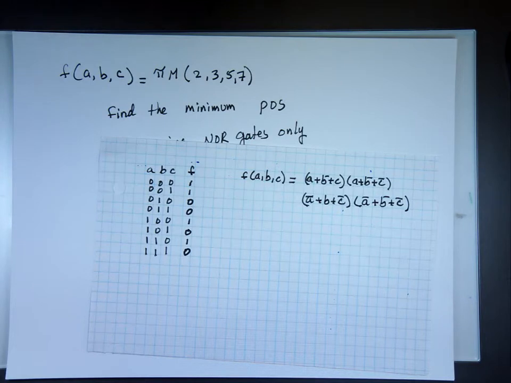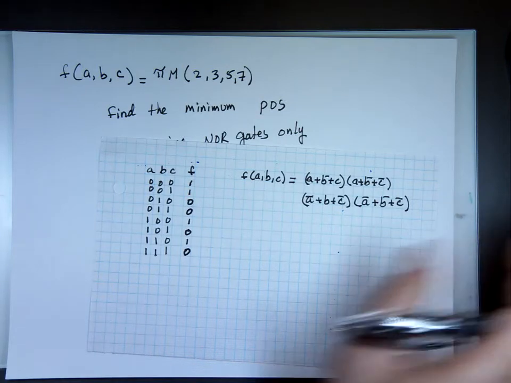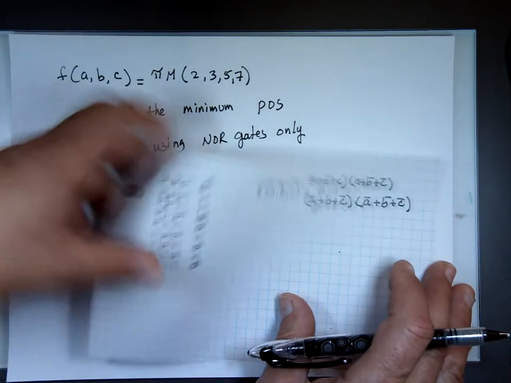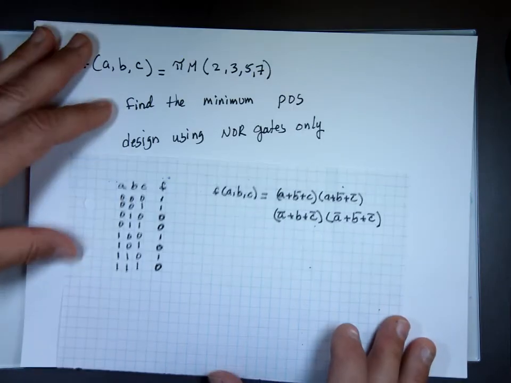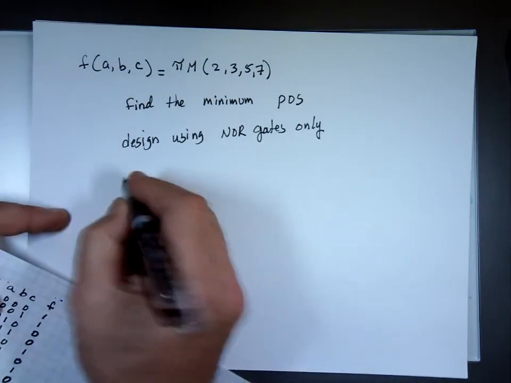So I found what the expression for it is. Now I'm going to simplify it. I'm going to use Boolean algebra to simplify. So let me just write on the normal paper now. Here we go.